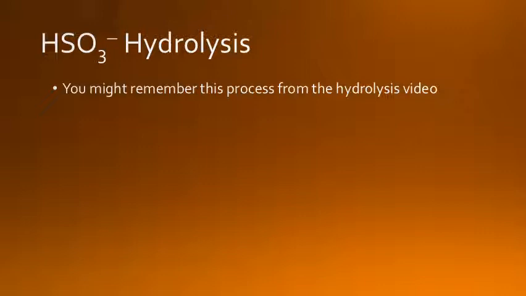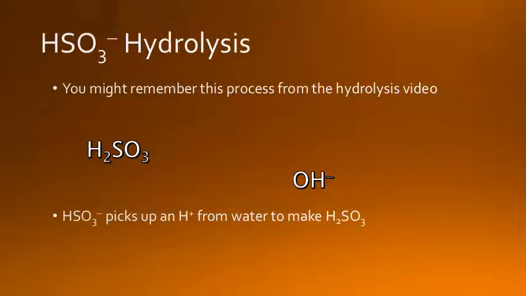You might remember this process from the hydrolysis video. We have the HSO3- ion, and it can react with either H plus or OH minus. The hydroxide ion will repel the negatively charged HSO3- ion. The H plus ion, however, will be attracted, and the result will be H2SO3.